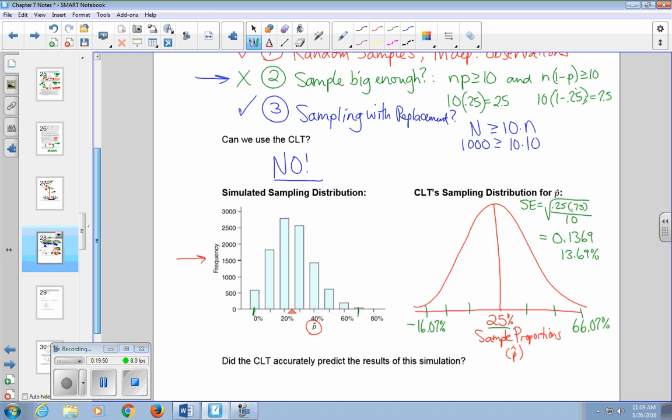But the other part that's not correct is the shape. If I try to superimpose that, it might look something like this. Notice that the shape is not correct. So the central limit theorem was unable to predict the shape of what happened with our simulation because the sample size wasn't large enough. And again, the model doesn't fit.